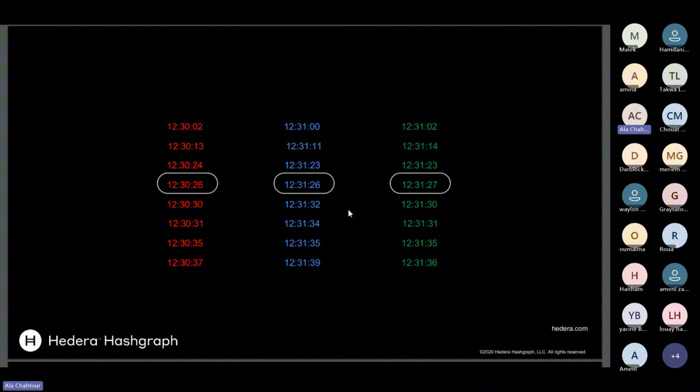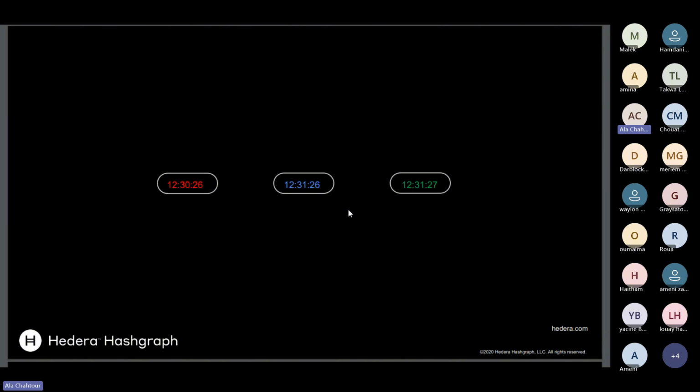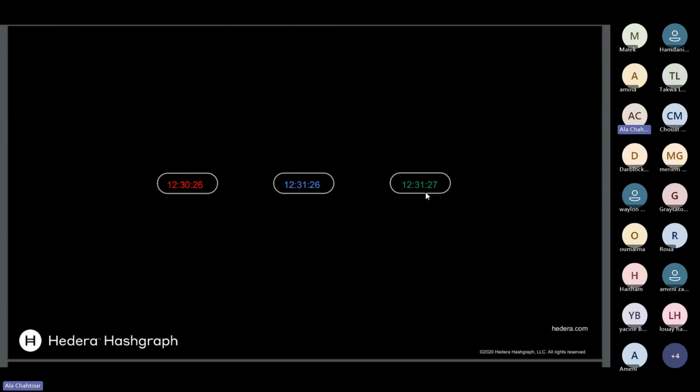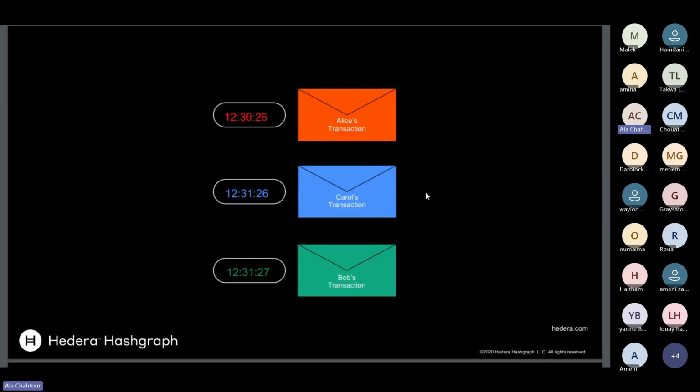Then we detect the intermediate one, the median. This one is selected and chosen as a reference. We order the transactions depending on those times, and depending on that we now have the correct order, which is red, blue, and green.